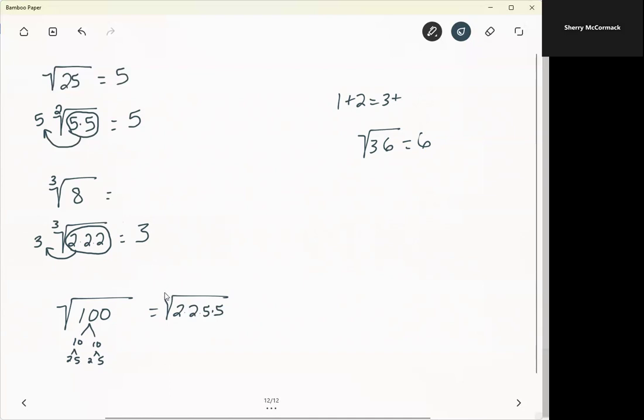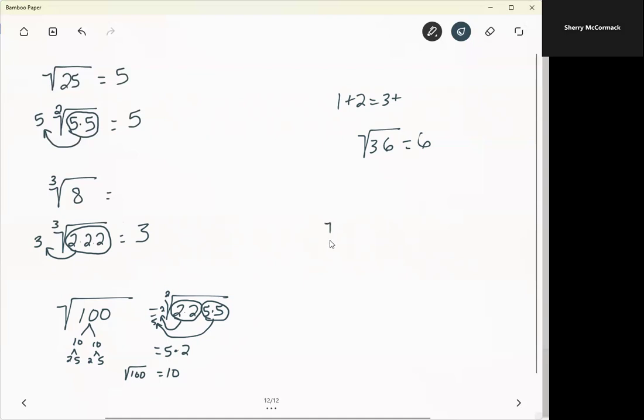Now since we know that there is an implied 2 here, I can take out these 2, they come out as a singular 2, and I can take out these 5s and they come out as a singular 5. So we have 5 times 2. The square root, there's nothing left under that, so I don't have to write any numbers. 5 times 2 is 10. So the square root of 100 is also written as 10.